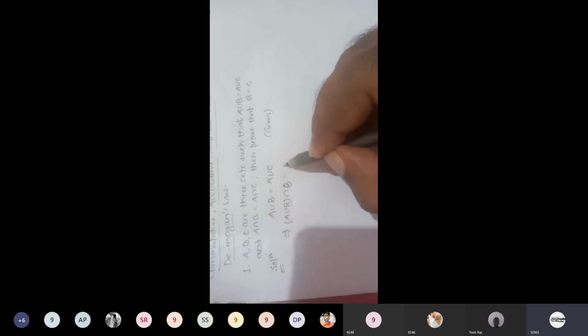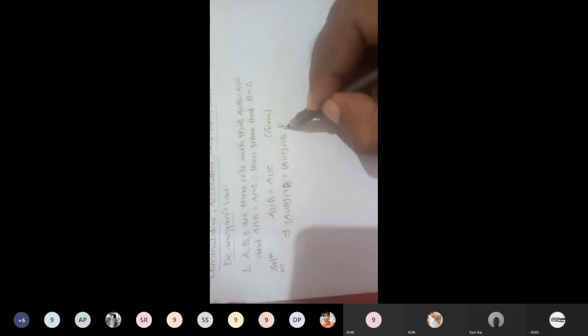Now take intersection with B into both sides. Means (A union B) intersection B is equal to (A union C) intersection B. Take intersection with B into both sides. Is it clear?